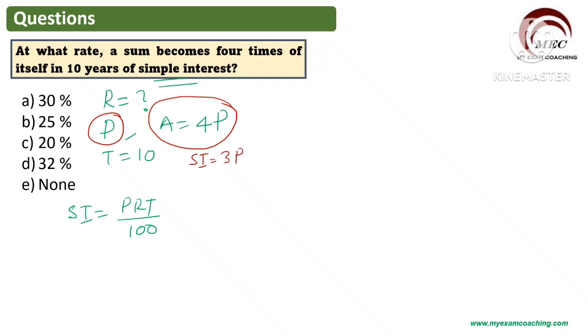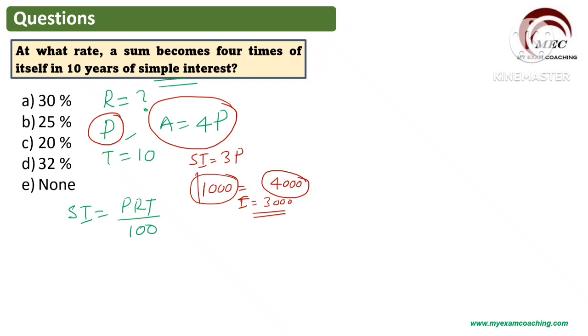Understand it this way: if you deposited 1000 rupees and received 4000 rupees, then your interest will be 3000 rupees. If you invest 1000 rupees in a bank and you are getting a total of 4000 rupees, then your interest will be equal to 3000 rupees.